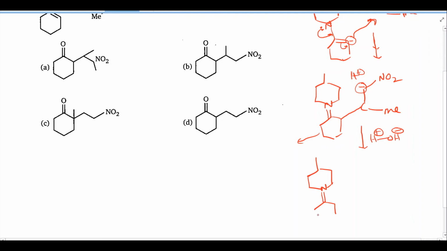Then here C, this is Me. Here bond making and breaking, those positions and everything is important. Here CH2NO2, this is the acidic hydrogen. Why is this acidic hydrogen? Because of the minus M affecting group.